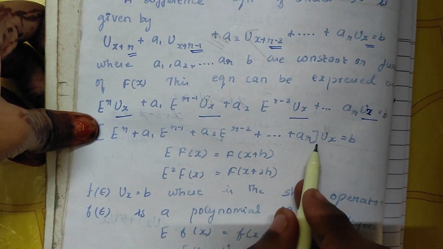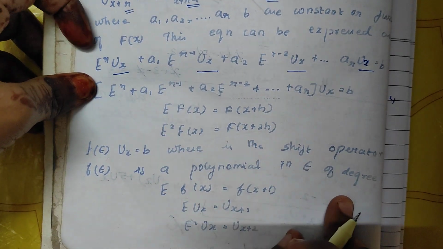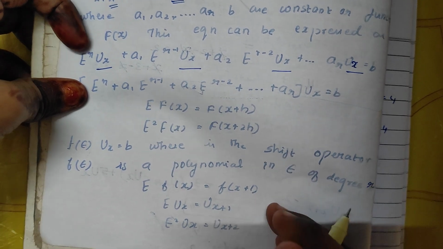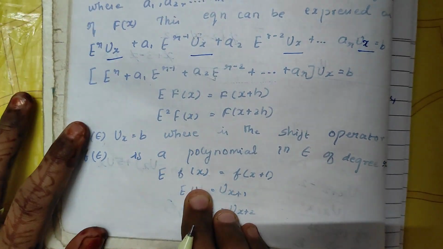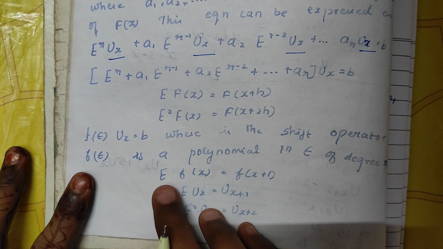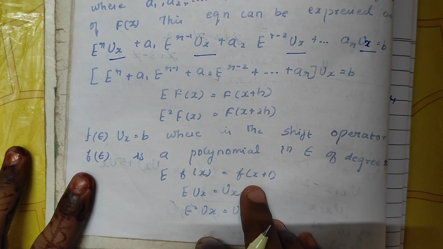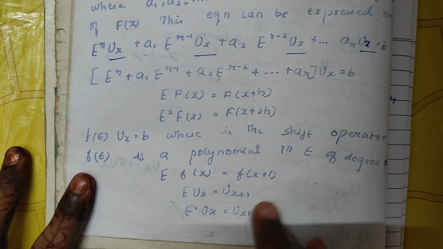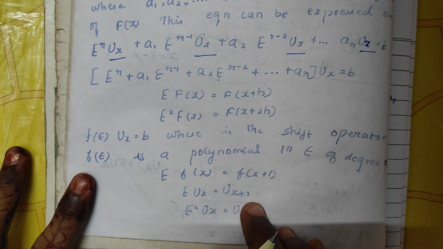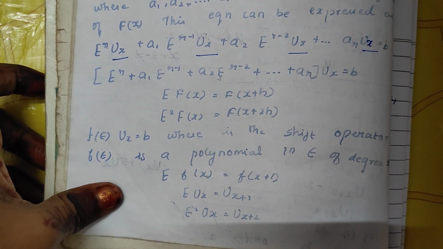It looks like a polynomial in E of degree r. So E of f of x is equal to f of x plus 1. E of f of x means the power of E is 1, right? So we can write it like f of x plus 1. Then E of u x means you can write it like u x plus 1. E square u x means you can write it like u x plus 2.